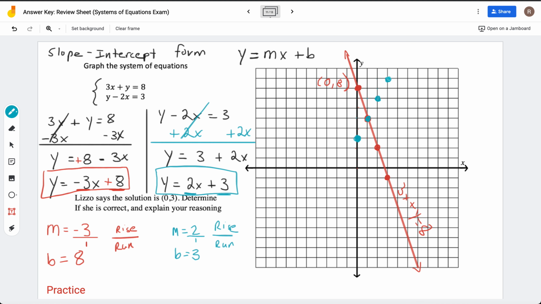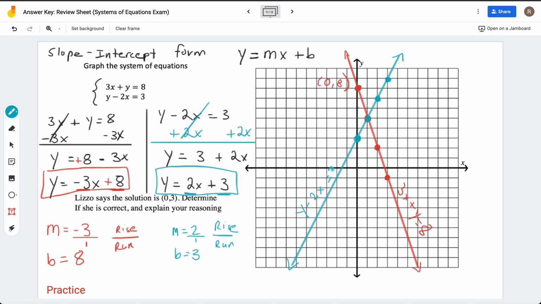And once we're content with the amount of points, we can draw a line connecting all of our points. And here we have the equation, y minus 2x equals 3.